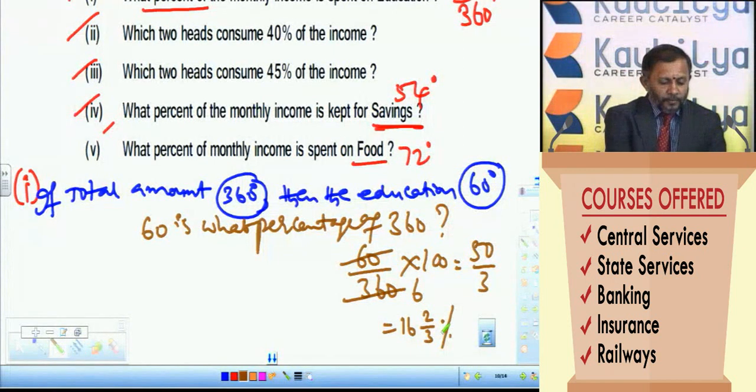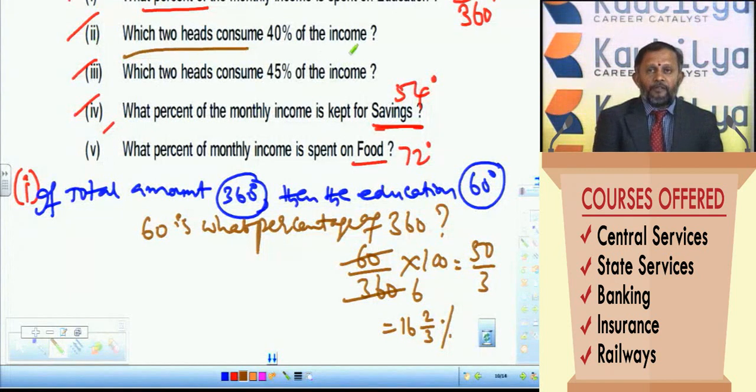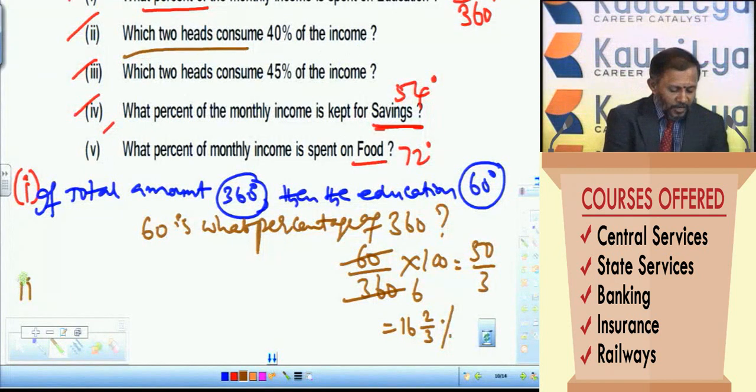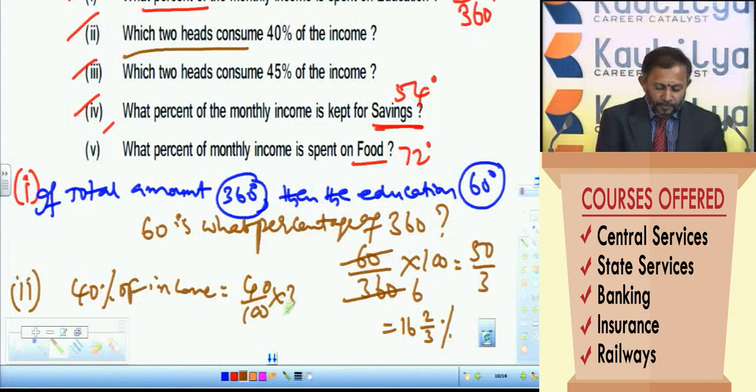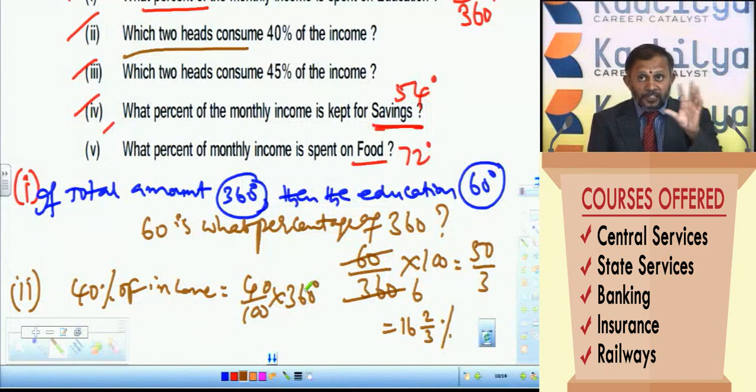Next one, question number 2. Which two heads consume 40% of the income? So here you have to mention that 40% of the income is equal to 40% of 360 degrees. So the total income is 360 degrees because that is given in terms of degrees.